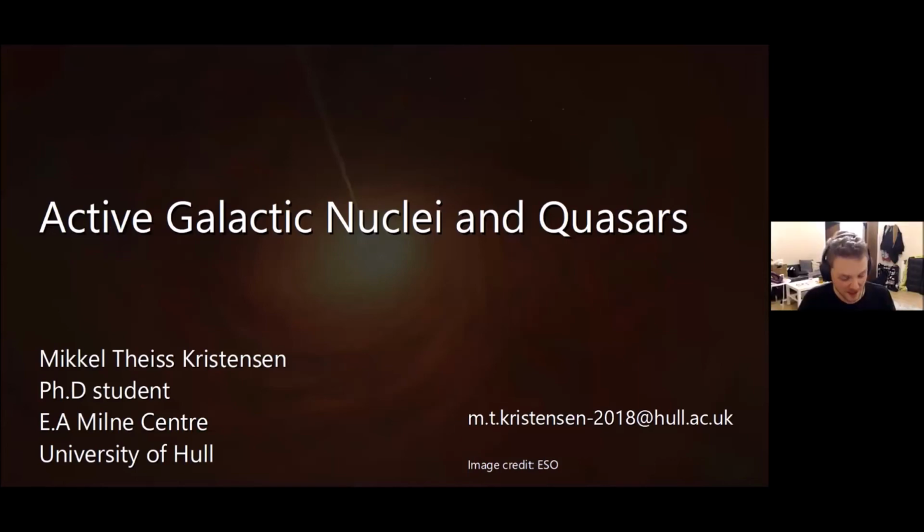Yeah, so I know what you're talking about. You're talking about the G2 gas cloud. And I think the gas cloud itself was something in the order of one solar mass or something like that. The thing is, the accretion rate of an AGN is something in the order of one solar mass a year.